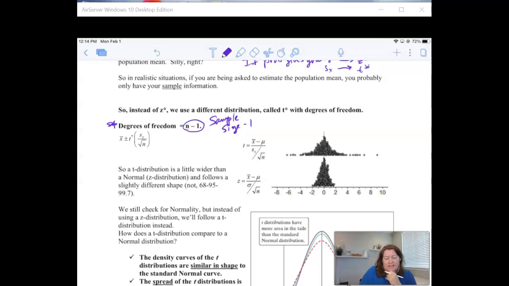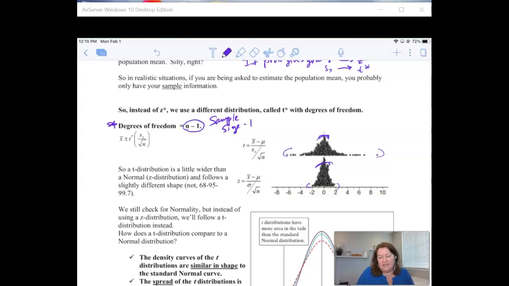But it's not going to be exactly the same for a t. Also notice that the t is more spread out. It's got more points coming all the way out here than the one with the z does. The z is much shorter, right? And the other thing to notice is that the t distribution is lower in the middle than a z distribution.